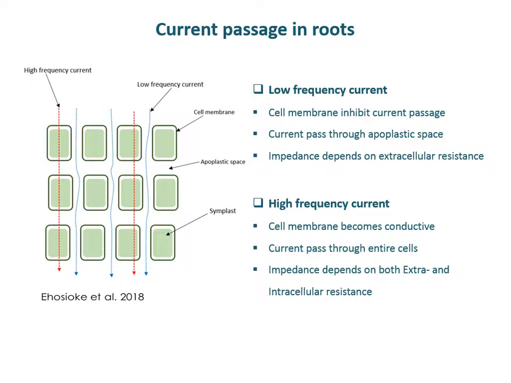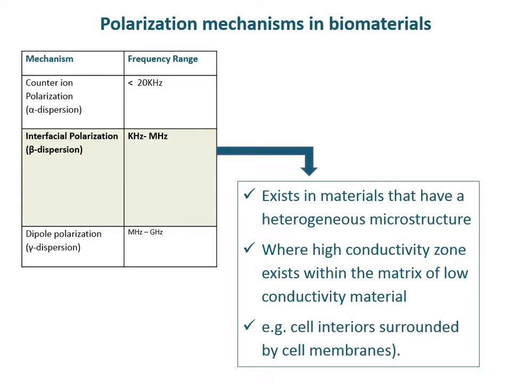Then the impedance you measure at this stage is mainly the extracellular resistance. Then at high frequency, the cell membrane becomes more conductive, and the current can pass through the entire system, in such a way that the impedance you measure at this level is a combination of both the extracellular and intracellular resistance.